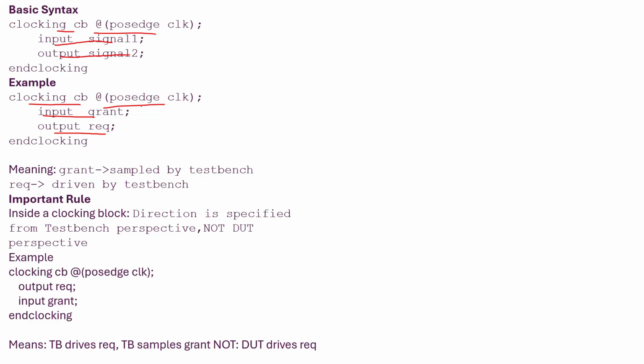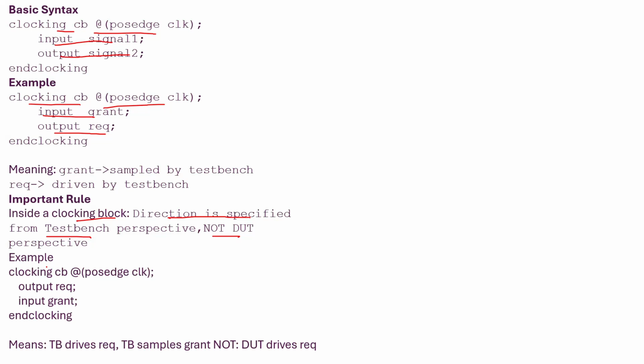That's the reverse. Request is the input from the TB, which is why the TB drives the signal, and grant is the output from the DUT, which is why the TB samples the grant. Sampling means output, driving means input. Inside the clocking block, directions are specified from the testbench perspective, not the DUT perspective.